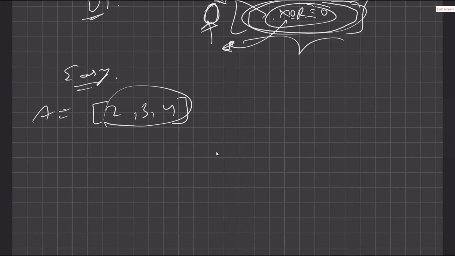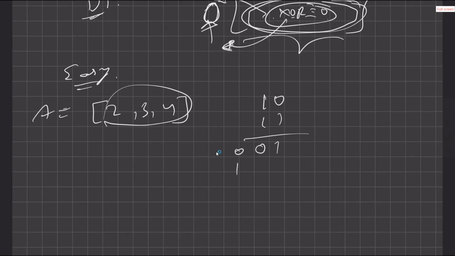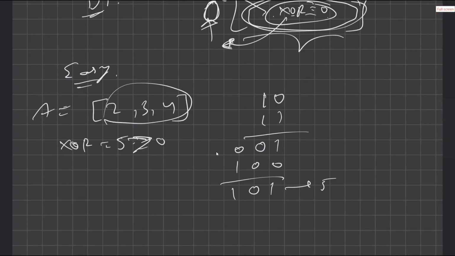When I take the entire array, first 2 and 3, and I'll take 4, and its value is 5. So if you take XOR of the entire array, it is 5, which is non-zero, sorry, greater than 0. So the entire array is a subsequence, and our answer will be 3, the length of this subsequence.